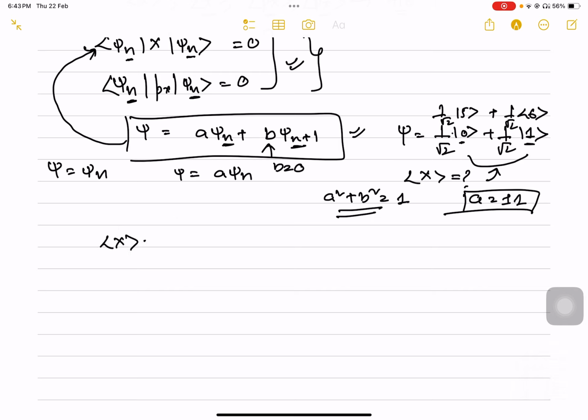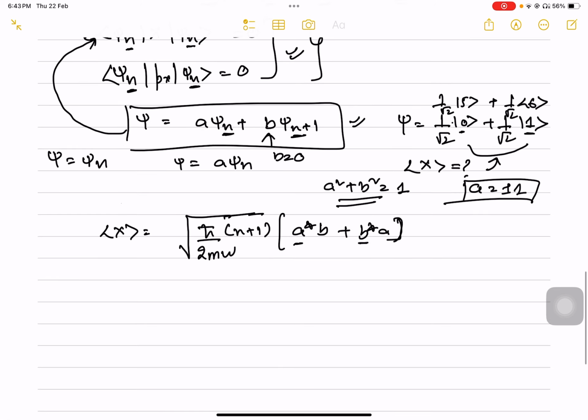The average of x comes to be root of h cut upon 2m omega, times n plus 1, this whole thing, times a star b plus b star a. You know what these stars mean: you have to replace iota by minus iota.